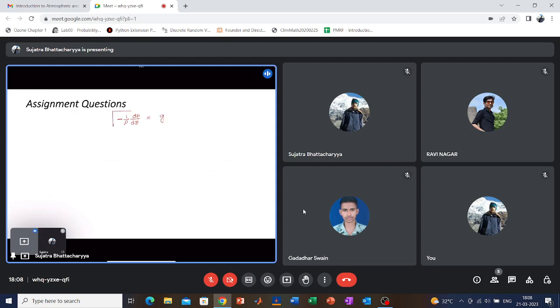This is the hydrostatic balance we have discussed so many times, and this is the pressure gradient force in the vertical direction, and this is the force of gravity, the acceleration due to gravity. Because this is not actually the PG force, it is PG acceleration. So this is gravity, and this is hydrostatic balance.